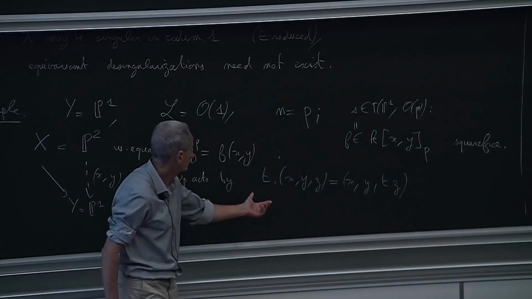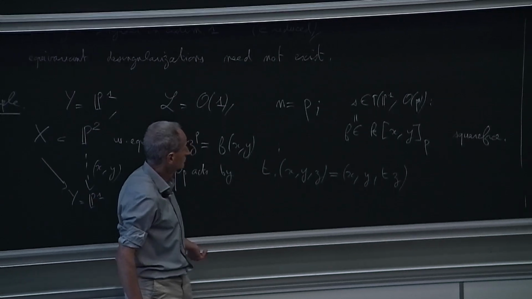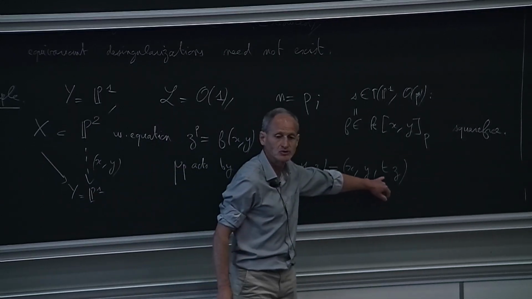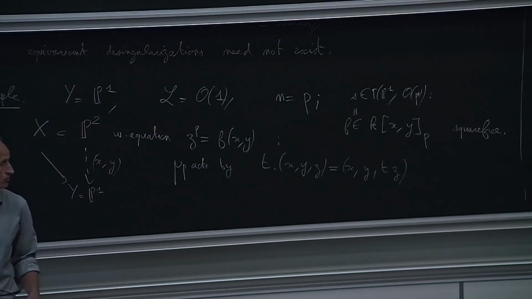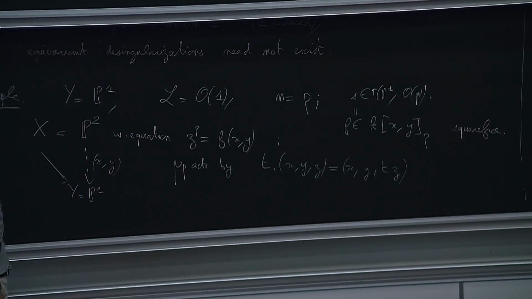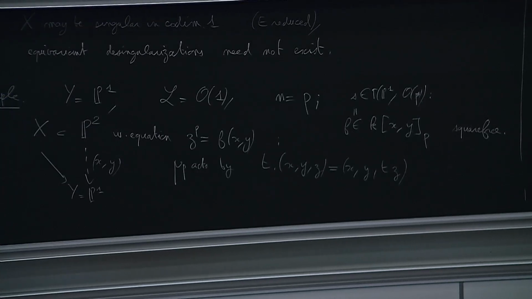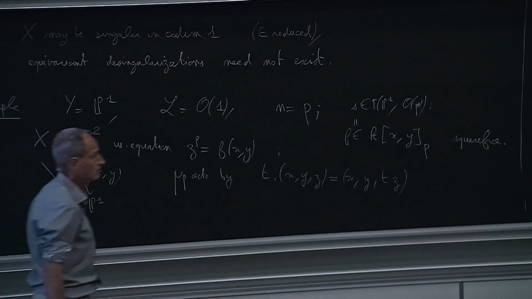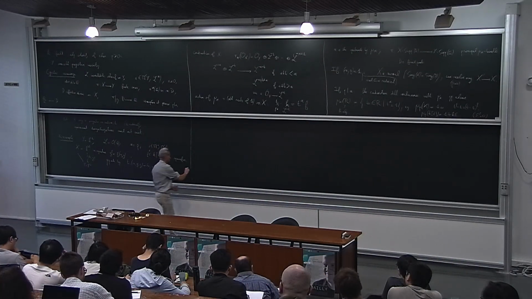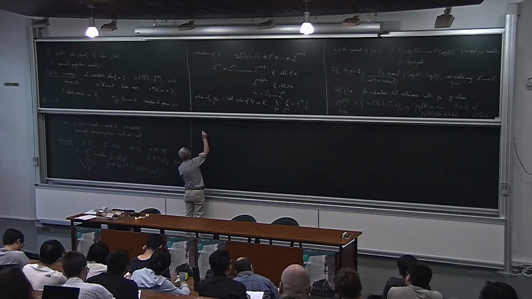In homogeneous coordinates, it can be given by this. And you remember t to the p equals 1, so the equation is invariant. So all of this makes sense. And now I will try to understand which kind of curves you get here. It is very easy to see that it is singular.